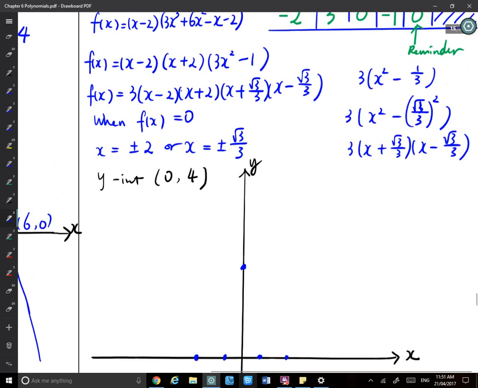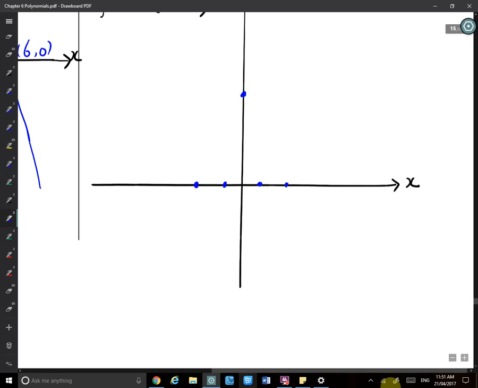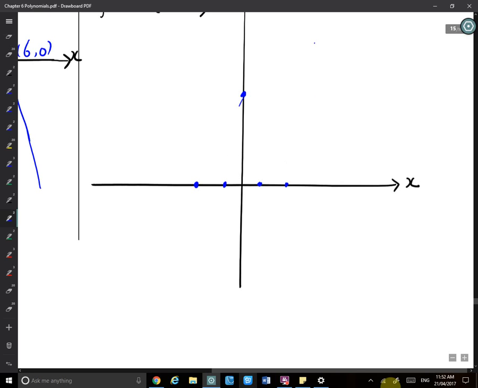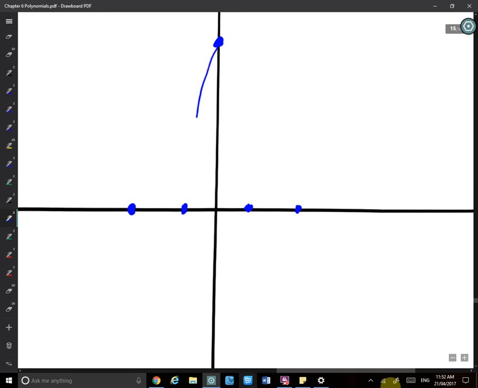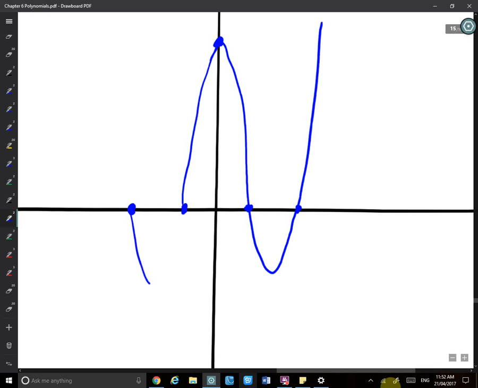And do you think this graph will start at the top or start at the bottom? Top right or bottom right? Top right. It's a W shape.